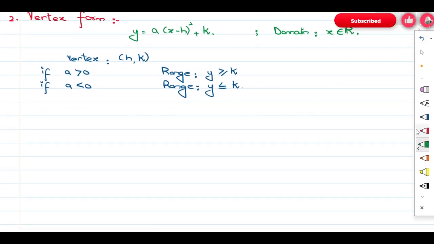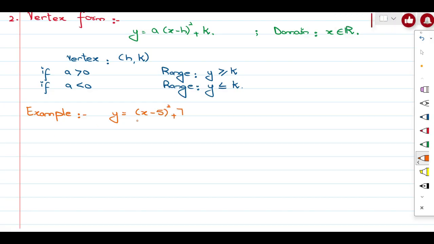For example, if I have the vertex form, which is y is equal to x minus 5 whole square plus 7, sorry, this is my vertex form, right?